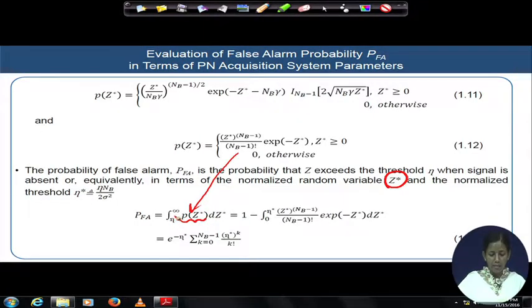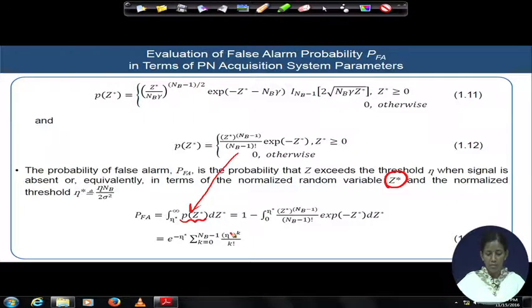And as integrating up to infinity is a tough task, we will change the integration to 1 minus the integration from 0 to eta star, and if you compute it at home, you will end up with an expression like 1.13, where the probability of false alarm is given by exponential of minus eta star multiplied with the summation of k from 0 to N B minus 1 of eta star to the power k by factorial k.